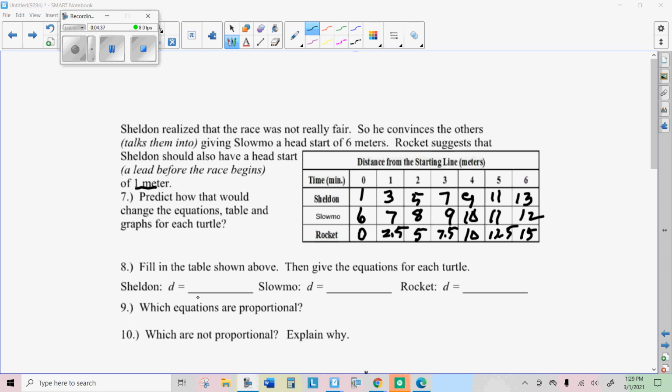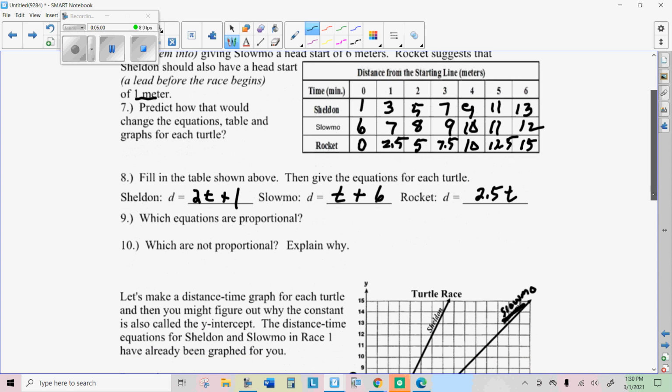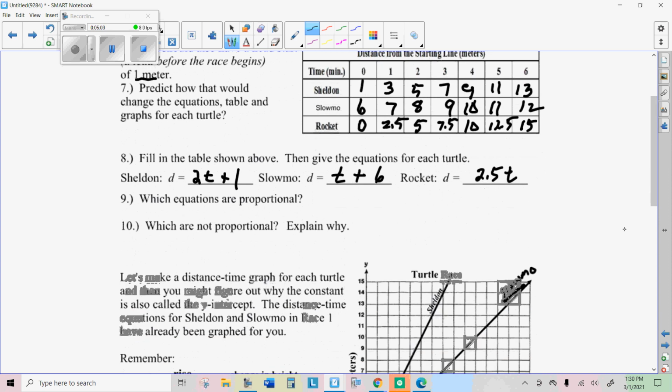All right, this is going to change our equations. For Sheldon, I'll do that one. Instead of just having the slope, or his rate, times the time, we need to add the head start on there. Okay, so go ahead and write the other 2 equations. All right, so which of these equations are now proportional?